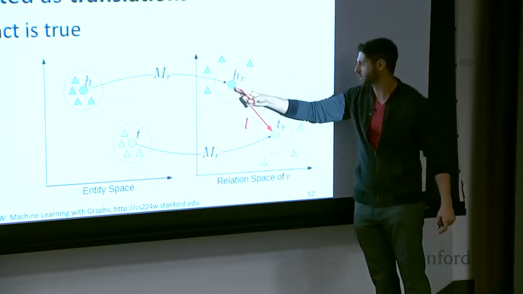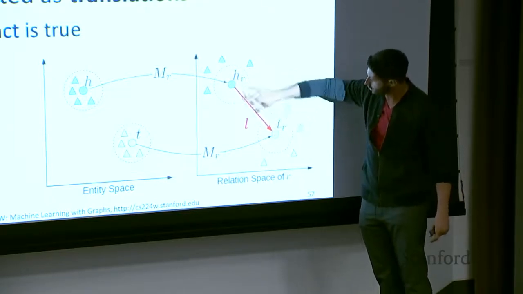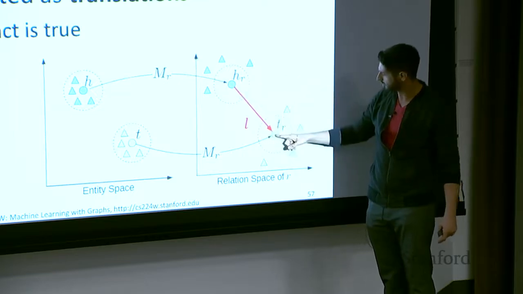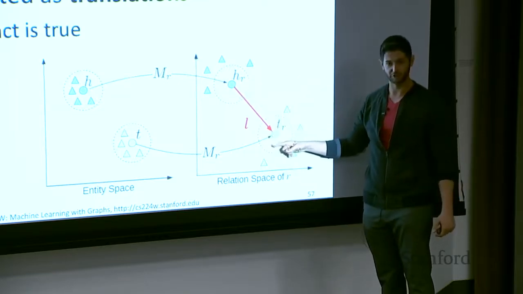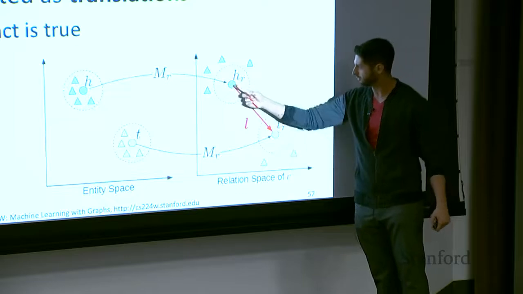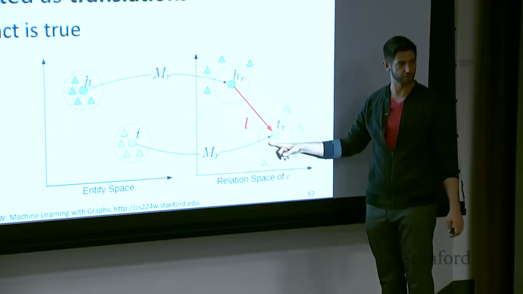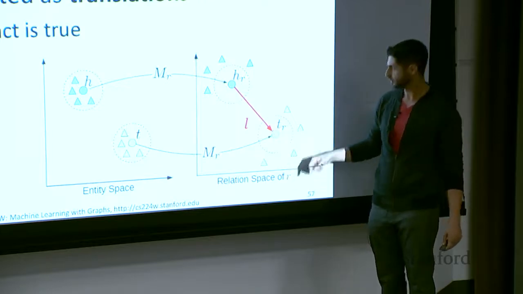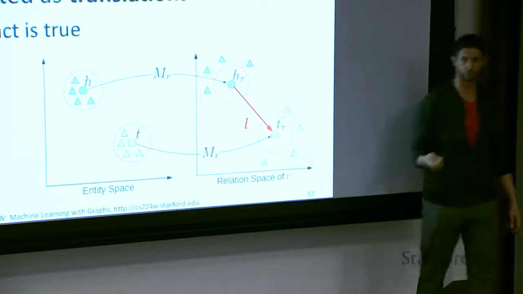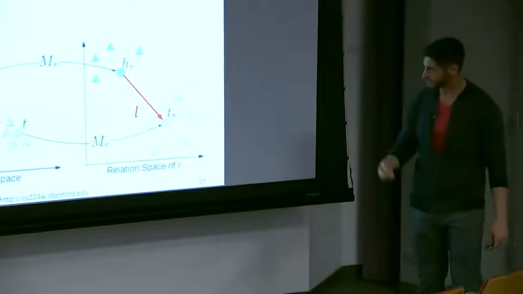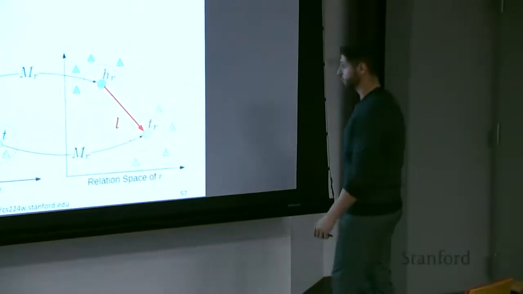And the expectation is if this relation holds, then we should be finding a tail entity at the other side of the relation. If this relation doesn't hold, we expect here to be empty. Okay, we don't expect there to be any close by entity. So this is the kind of objective function that we optimize for when we train our TransE model.